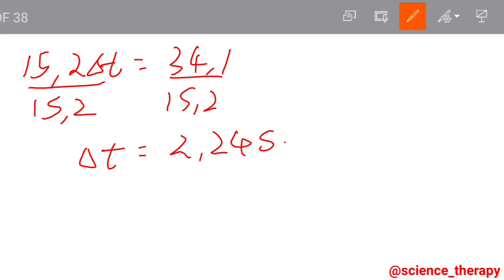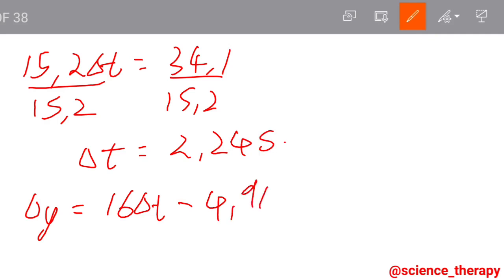Now that we have the time, we can go ahead and now calculate the delta Y. So obviously, to calculate the delta Y, it's best that you choose the simplest looking formula there, which is equation number 1. It was 16 delta T minus 4.9 delta T squared.